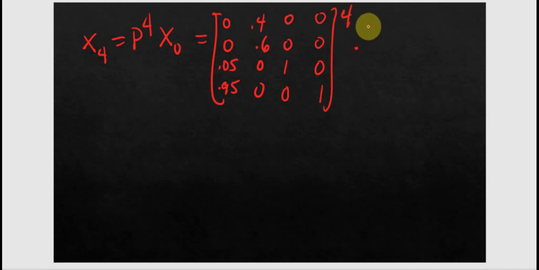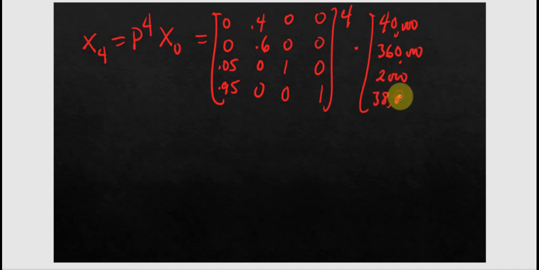And then this is times the initial state, 40,000, 360,000, 2,000, 38,000.